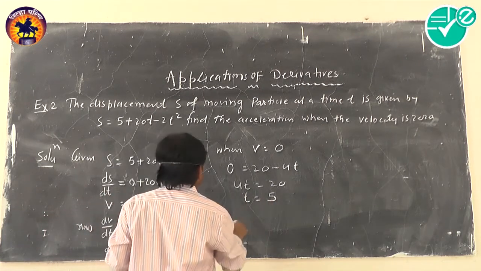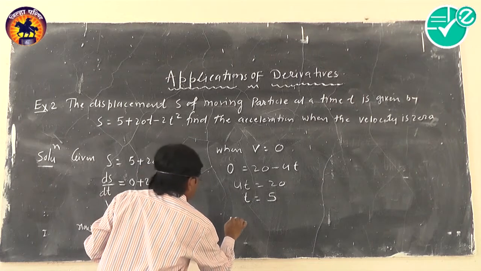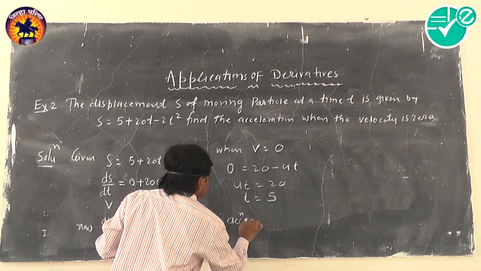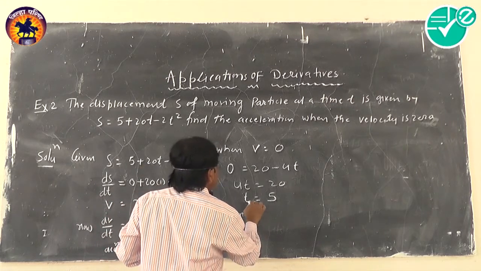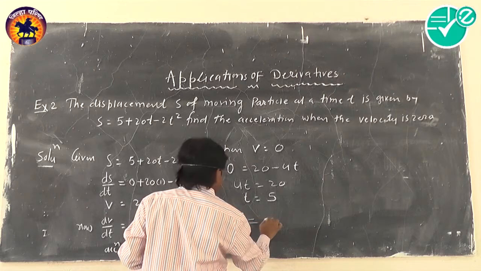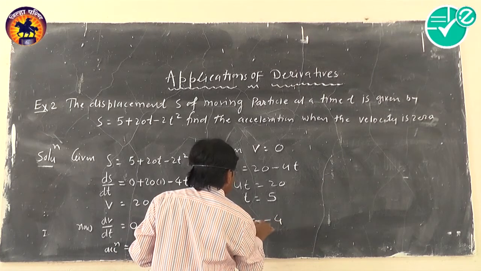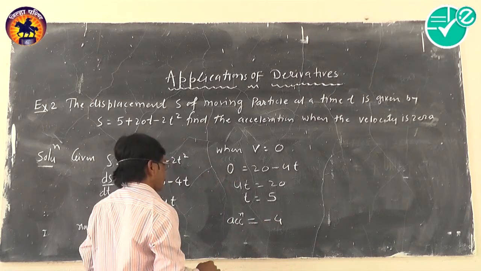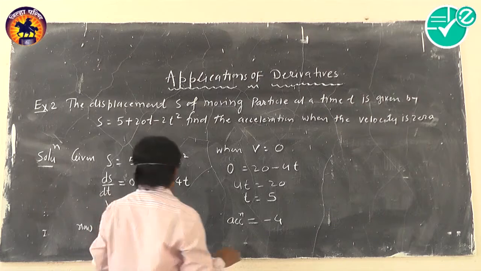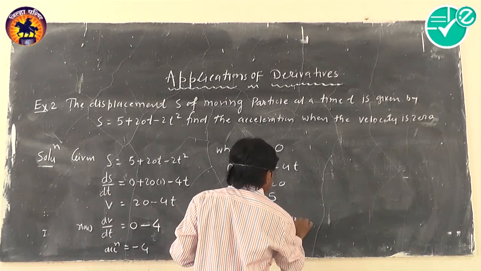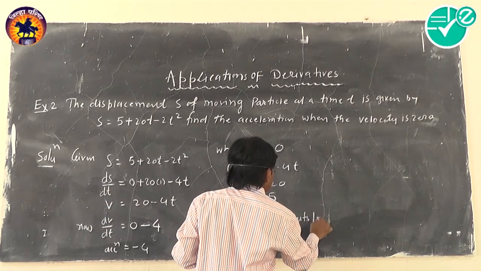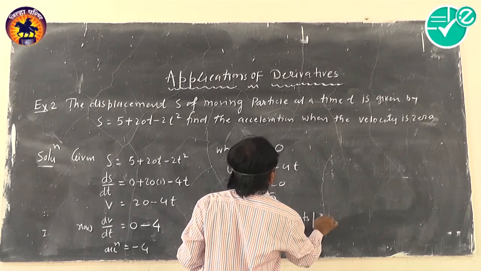Therefore, acceleration when t is equal to 5 is minus 4 units per second square.